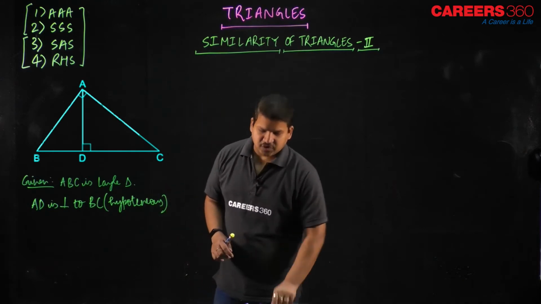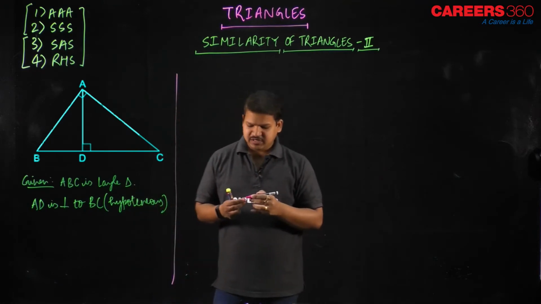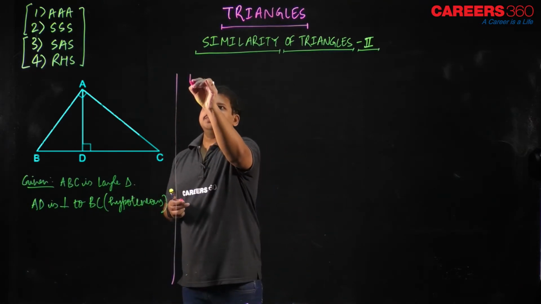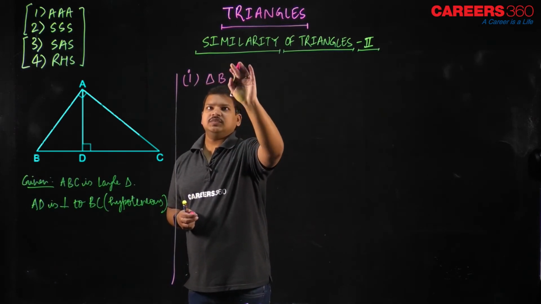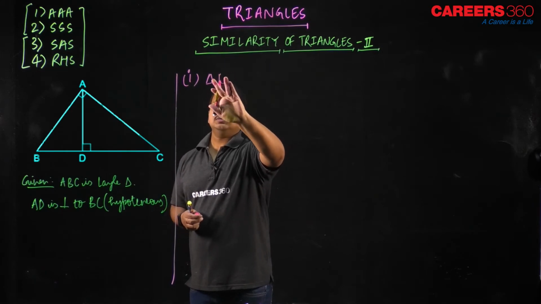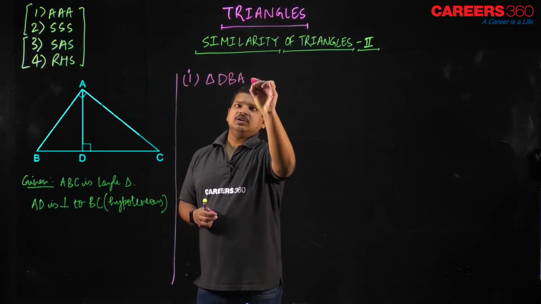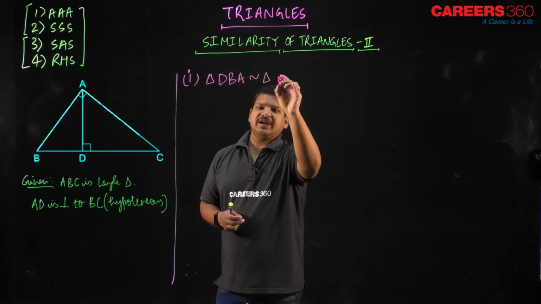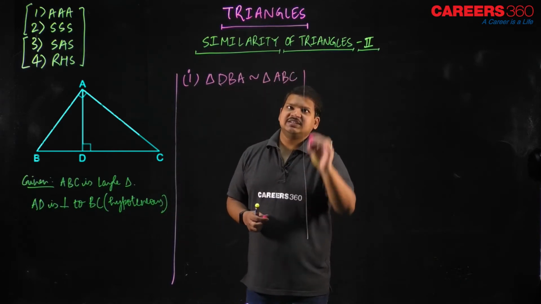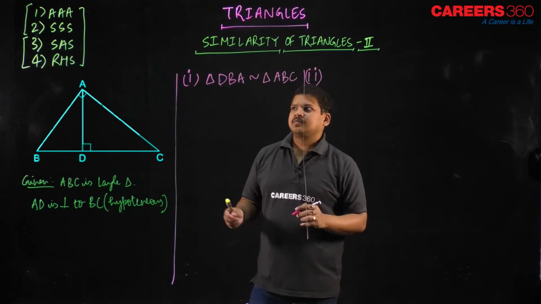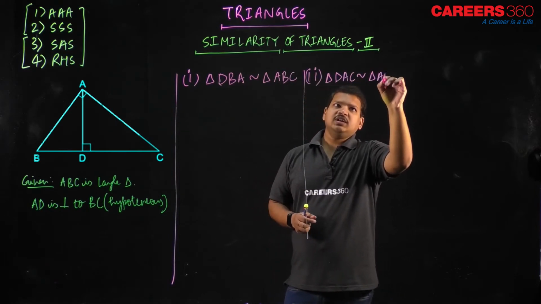As per this theorem, there are three things it is all about. Firstly, triangle DBA is similar to triangle ABC. The second is that triangle DAC is similar to triangle ABC.